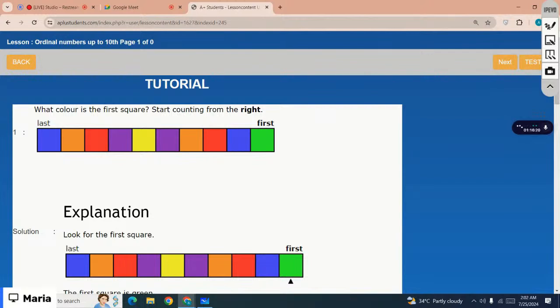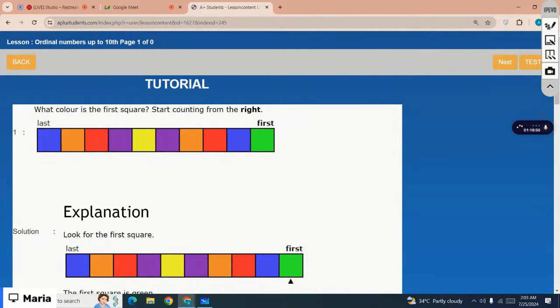Okay, let's just start with the first example, that is: what color is the first square? Basically, first we are going to learn what ordinal numbers are, right? So ordinal numbers basically tell you the position of anything, the numerical position of an object.